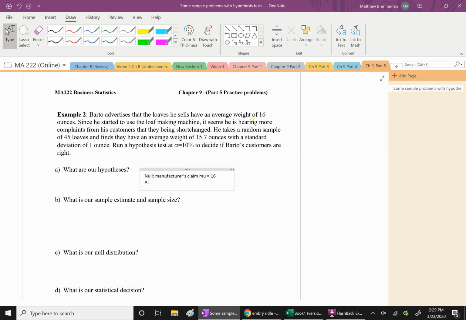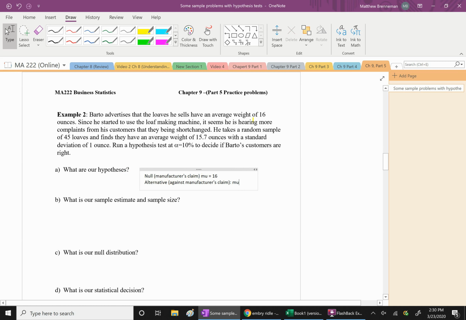The alternative in this sort of scenario is always against the manufacturer's claim. And by the way, you can see this if you read the problem statement carefully.